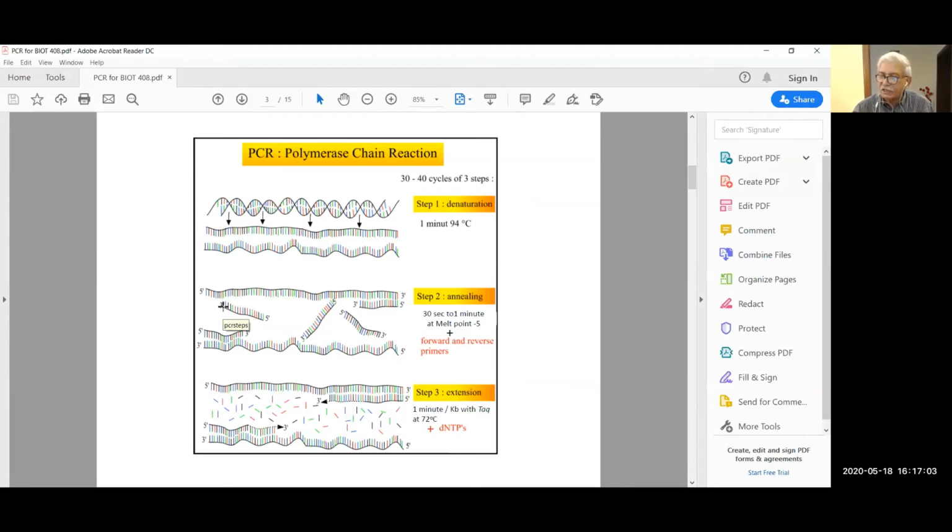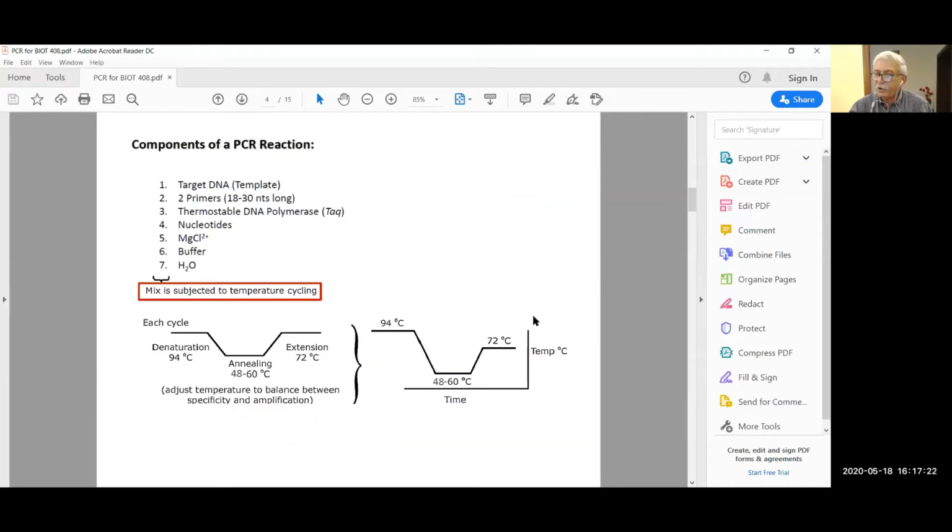In every cycle, your DNA will be denatured, it will be annealed again by the primers, and then it will be polymerized again. So this is all. In a PCR reaction, technically, if you look into that, it's not more than that. Okay. The things which are important is setting up of a PCR reaction.